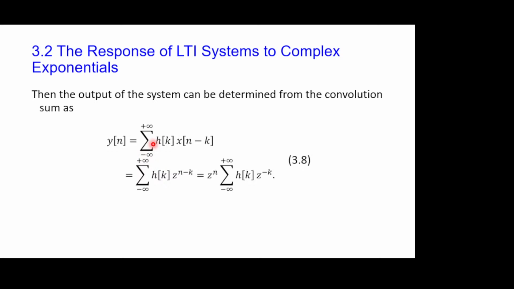Okay, so we plug in x: x of n minus k is just z to the n minus k. And just like before, this summation is only summing over k, so z to the n is a constant. So we pull z to the n out, and you see this whole thing is just a sum over k, and so this is a function of z.